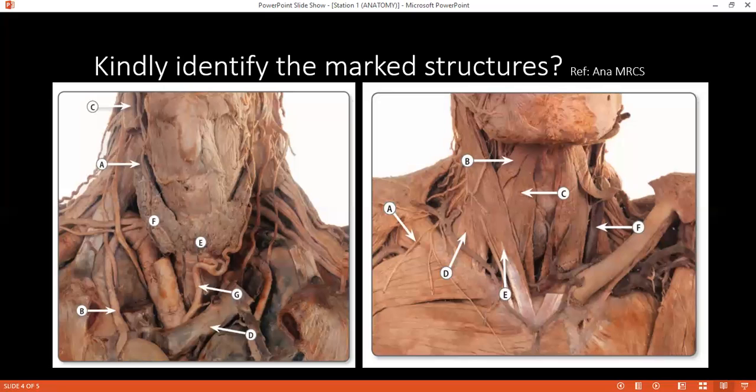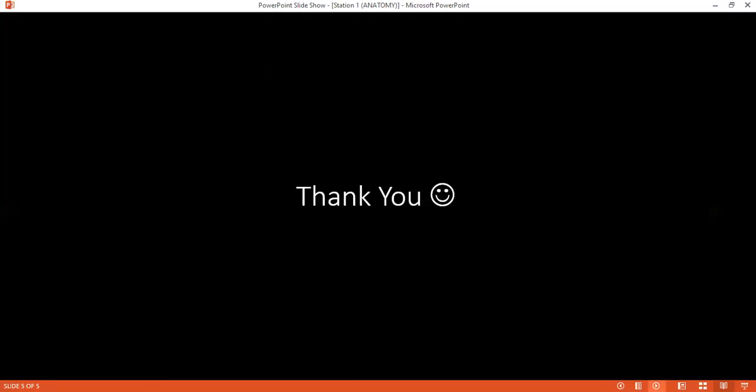Since we are doing thyroid, can you please tell me what are the most commonly injured nerves during thyroidectomy? It's the external laryngeal and the recurrent laryngeal nerve. How would you know which nerve is injured? Because of the presentation.